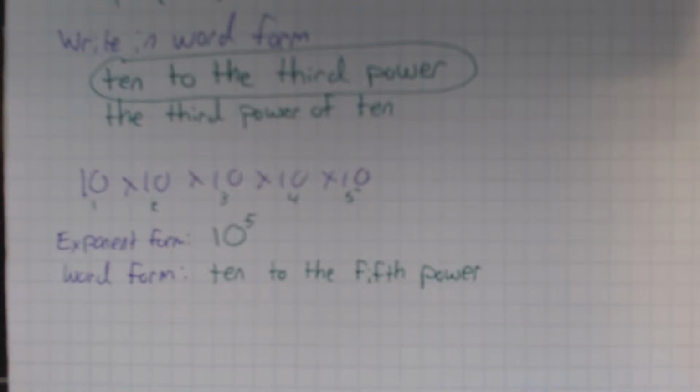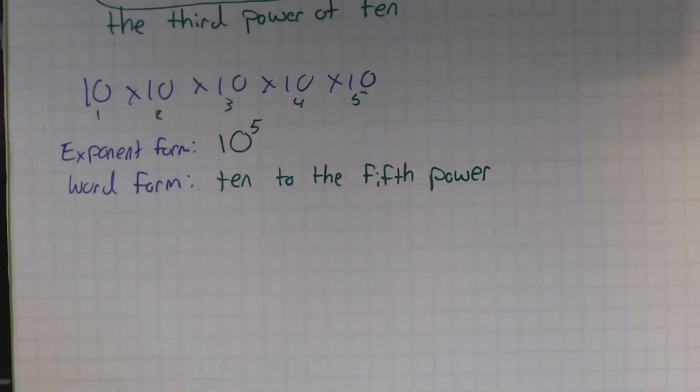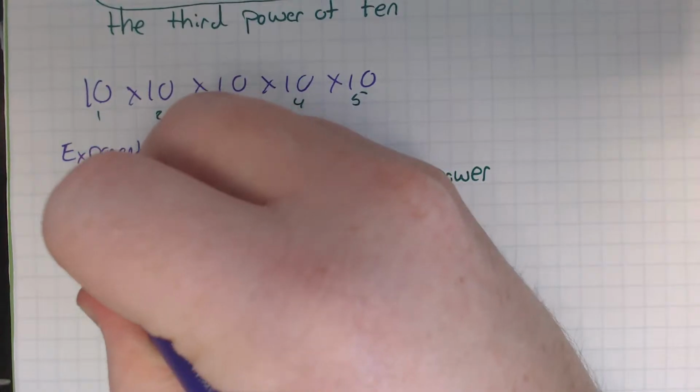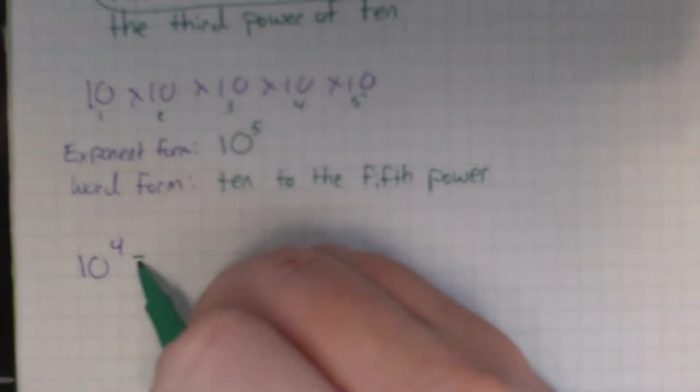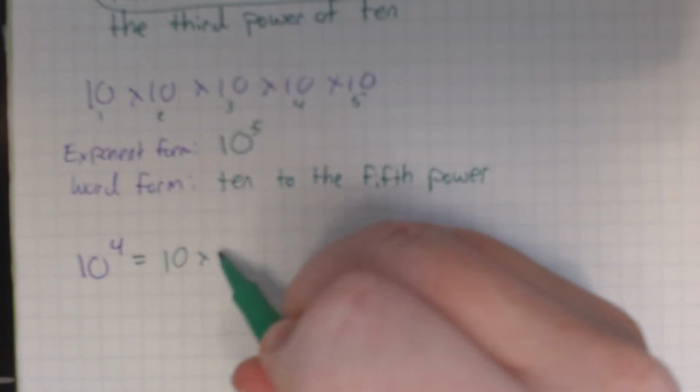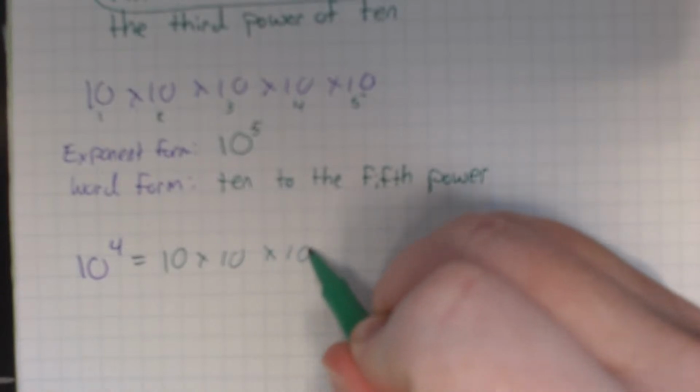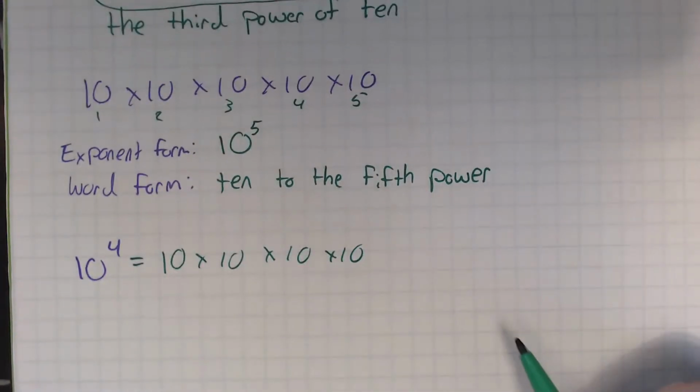Okay, so now that you know how to understand it and write them, let's take it even a step further. So let's say someone gives you this problem, and it says, solve for 10 to the 4th. Well, first things first, what does 10 to the 4th mean? 10 to the 4th is the same as saying 10 times 10 times 10 times 10.